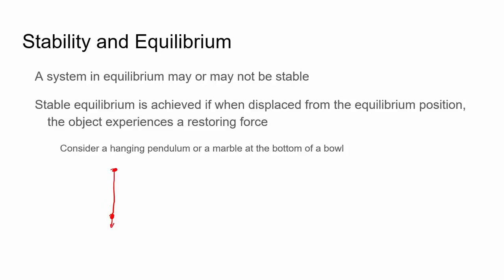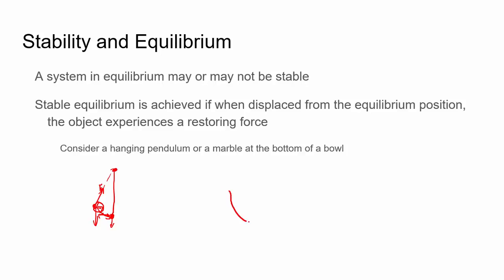If something displaces it to the side, then this pendulum comes up over here, and what we end up with is tension in the string and gravity straight down. And that tension actually has a component to the right, which is going to cause this thing to swing back towards where it came from. So it's got a restoring force that tends to return it to its equilibrium position where the net force is zero and it doesn't accelerate.